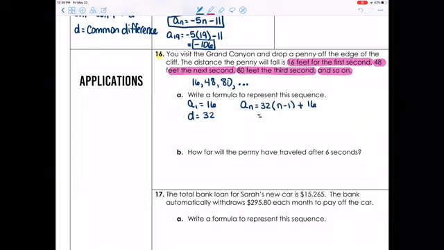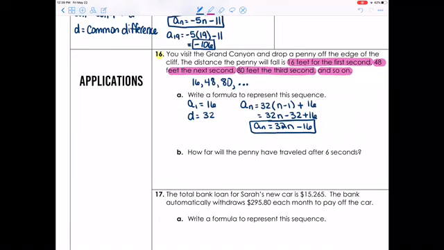Distribute. So we get 32n minus 16 is our formula for the sequence.